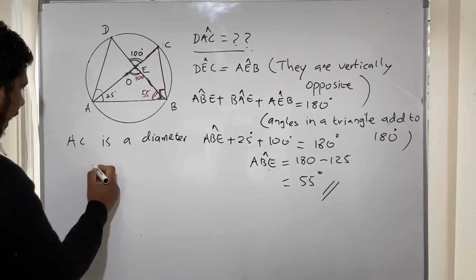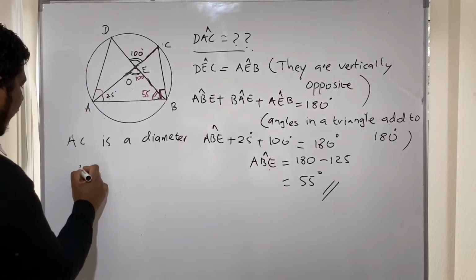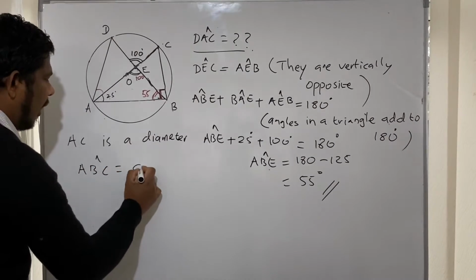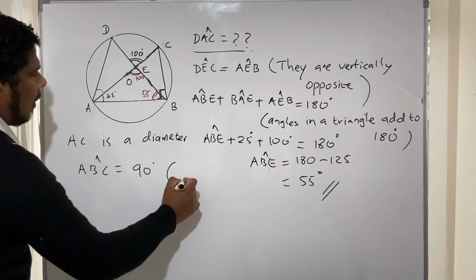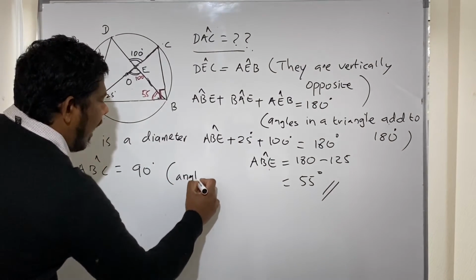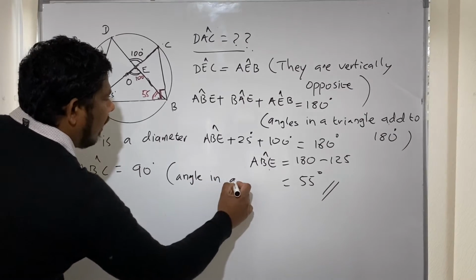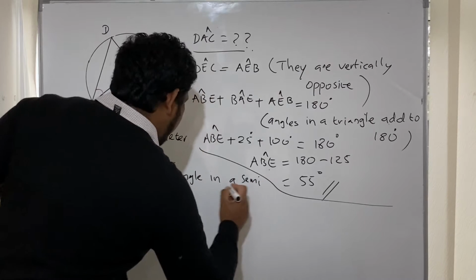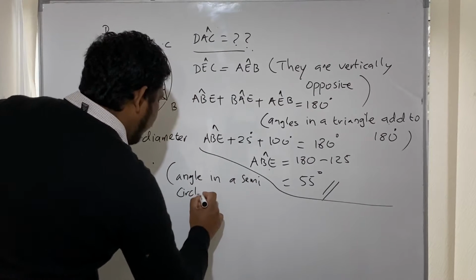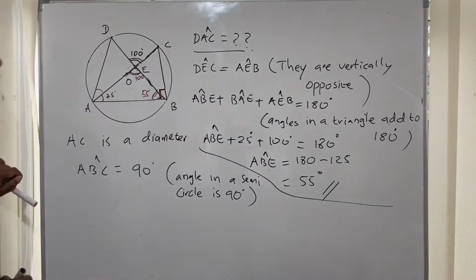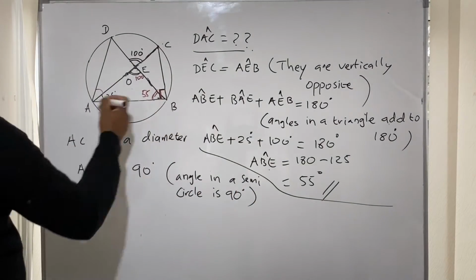Therefore, we can write down angle ABC is equal to 90, because angle in a semicircle is 90 degrees. So we know this is 90.